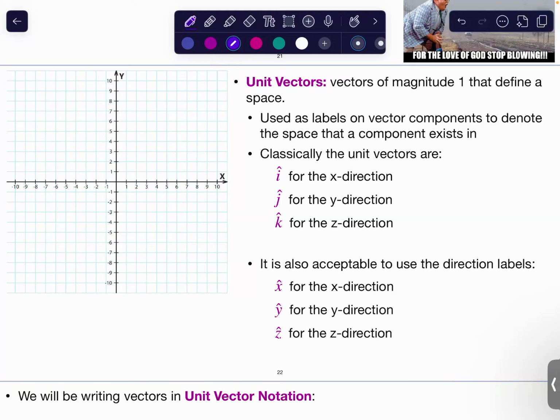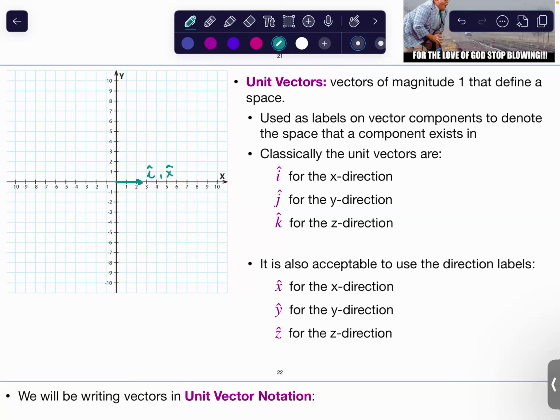And so when you put these unit vectors on your components, that tells you that that component is this large in either the x, the y, or the z direction. So for example, if I do a tiny little vector there, that means that vector is going in either the i hat or the x hat direction.